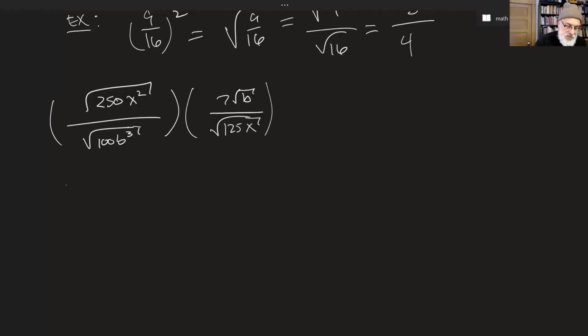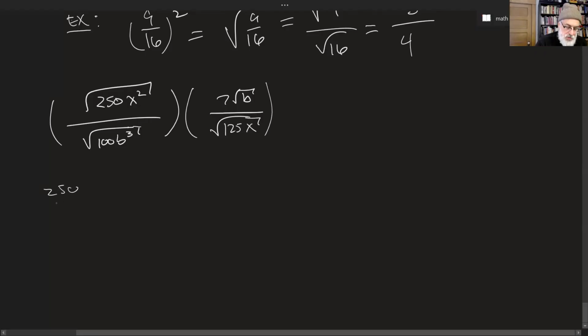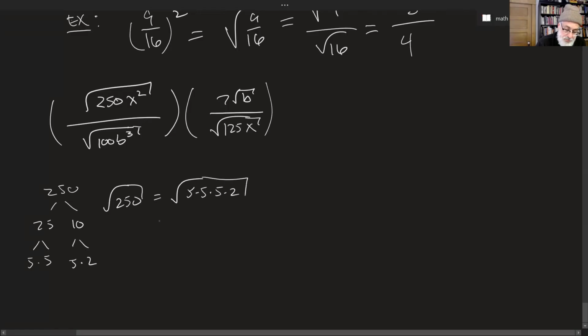So let's look at 250. Let's do some reductions here. That's 250 times 10. That's 5 times 5. This is 5 times 2. So the square root of 250 we can write as 5 times 5 times 5 times 2.